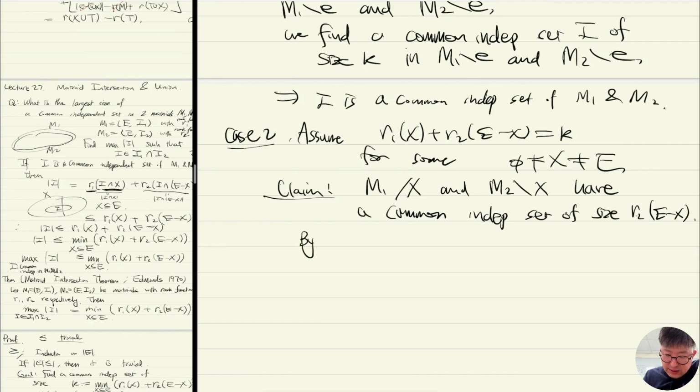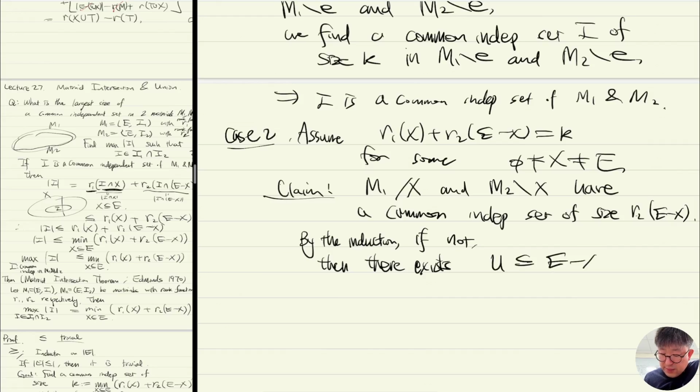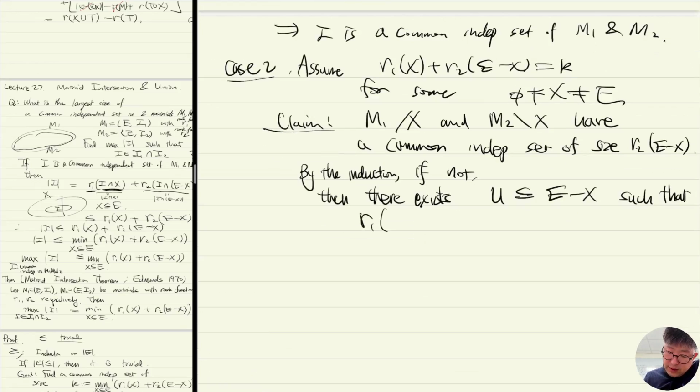By induction, if not, then there exists U, which is a subset of E minus X, such that the rank in M1 contract X of U plus the rank in M2 delete X of the complement is strictly less than R2 of E minus X.